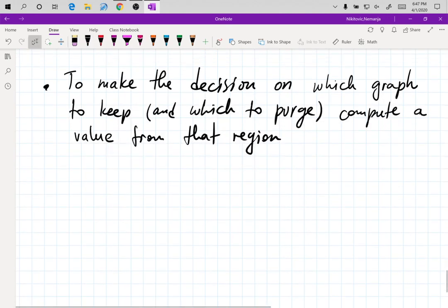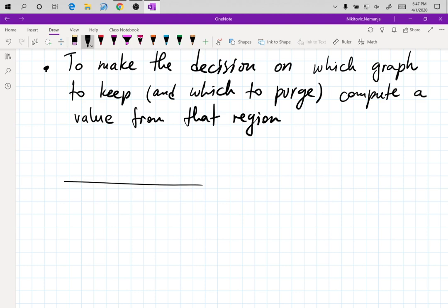If you remember, we had something like this, and then there was an asymptote there, and we were wondering whether we should keep the top or the bottom line. We know we can't have both of them. One has to go. So we compute the value, whatever value you pick. Let's pick x0.